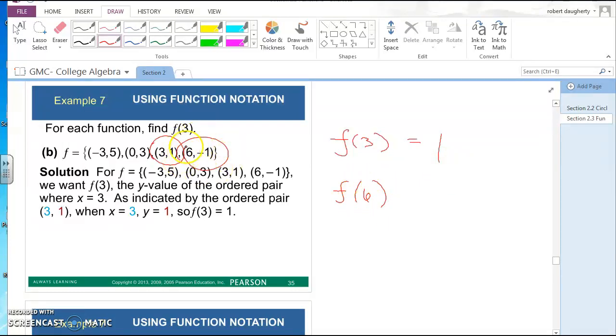F of 6 is negative 1. When your x value is 6, you get negative 1. What about f of 7? If I look at my domain, negative 3, 0, 3, and 6, I don't see a value for 7. So this is undefined. I don't have a definition for how to evaluate f at 7.